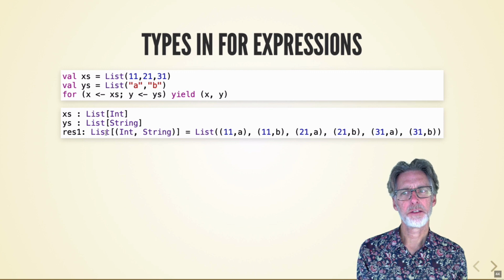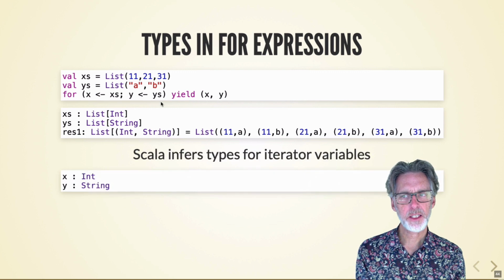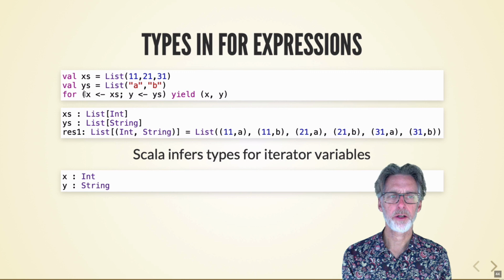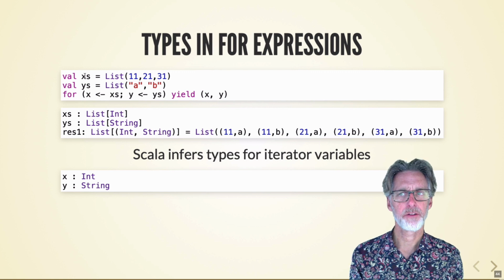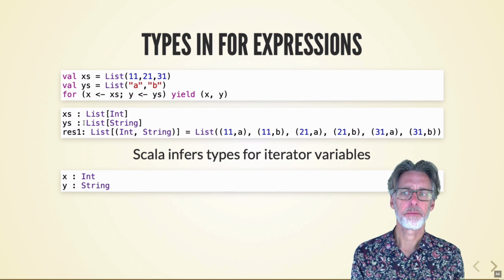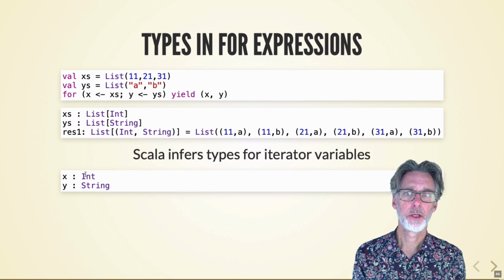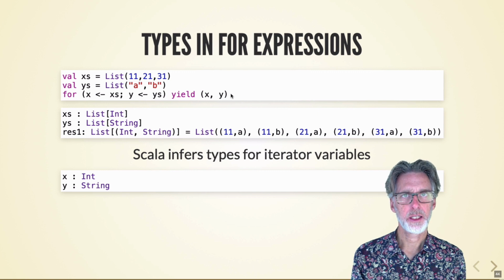How does Scala deduce that this for expression is going to produce a list of pairs? Well, the first thing it does is infer types for the iterator variables, here x and y. So if xs is a list of ints, well then x must be an int, and likewise for y. Given that, Scala then looks for the yield inside of the for expression.